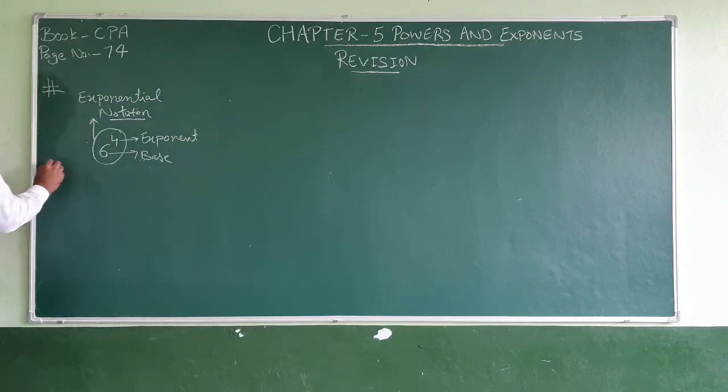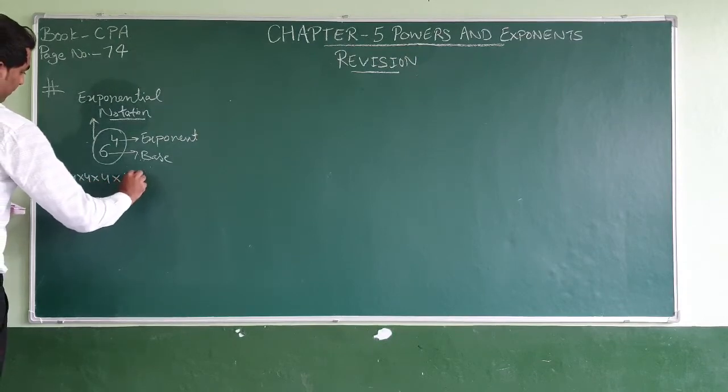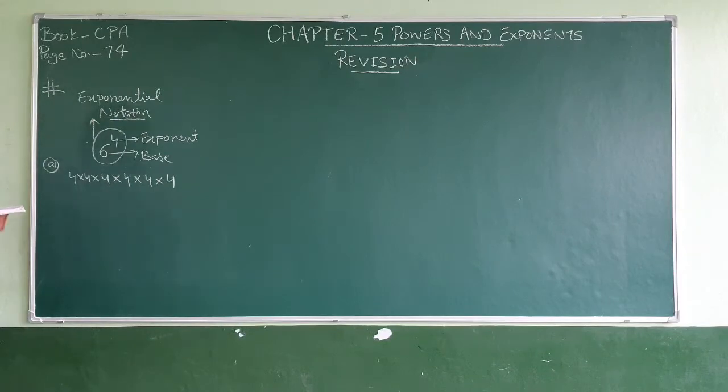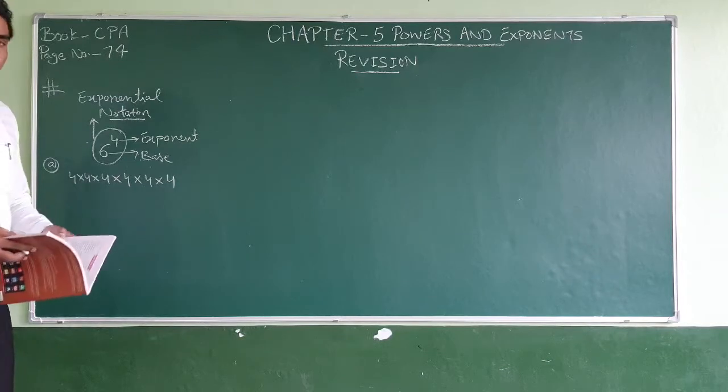Now the second thing, we have done all the questions. Suppose we have 4 multiply 4 multiply 4 multiply 4 multiply 4 multiply 4. We express each of the following in exponential form.